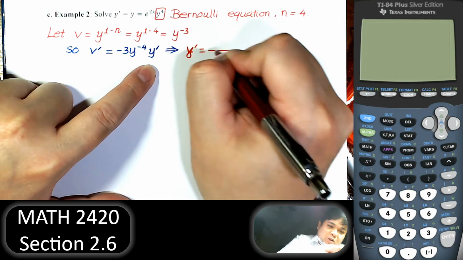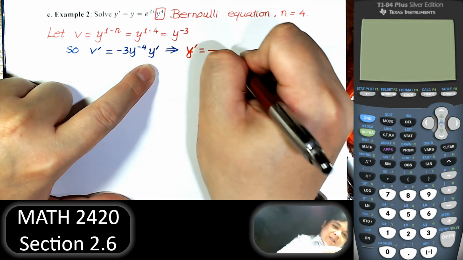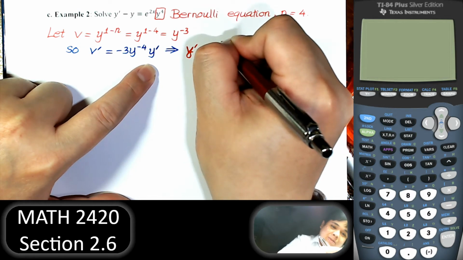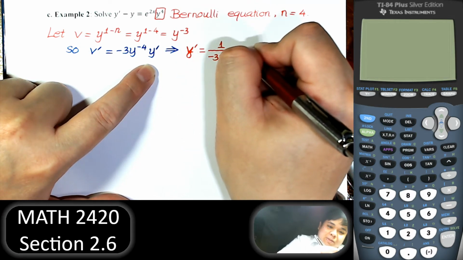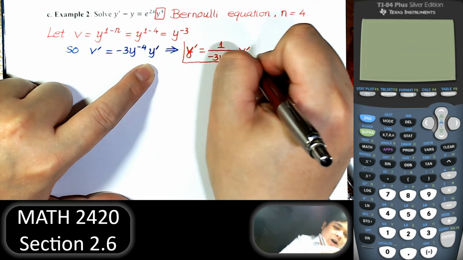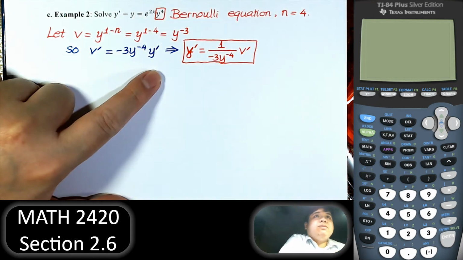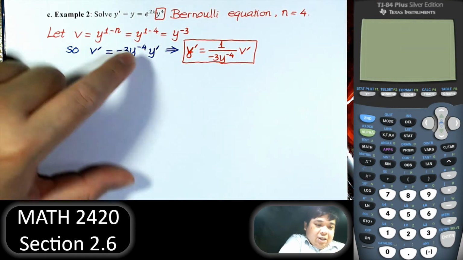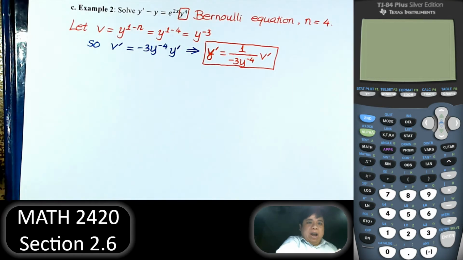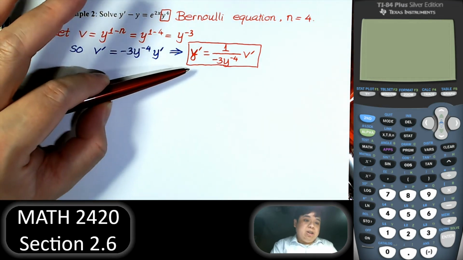Let's not worry too much about other things. We have the derivative of y equal to that. Just divide by the whole thing. We don't have to rewrite or move the y to the negative 4 to the top. Just keep it like that. It will take care of itself.